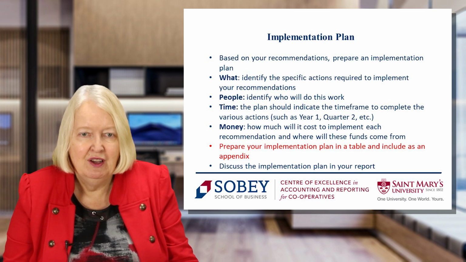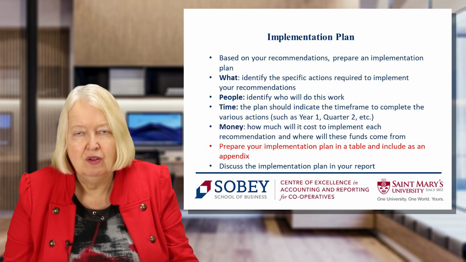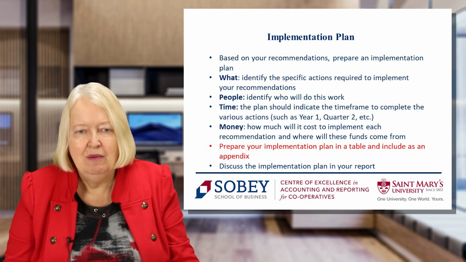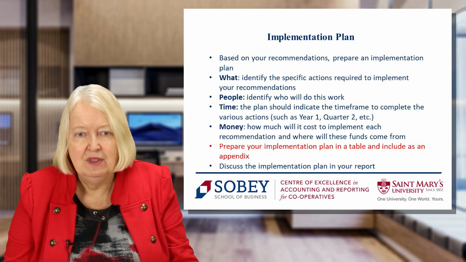So you have to identify who's going to do the work, and then the time. So which activities are you going to do in year 1, year 2, year 3, etc. And then money. So how much is it going to cost to implement your recommendation, and where are these funds coming from?